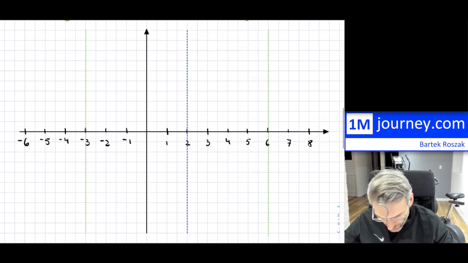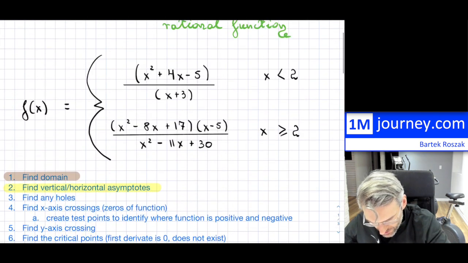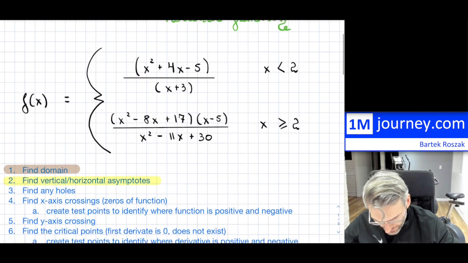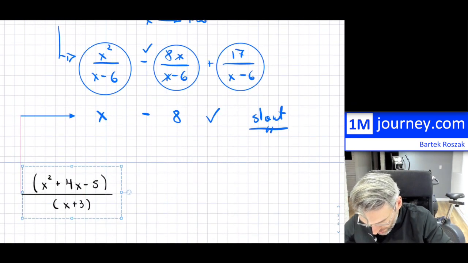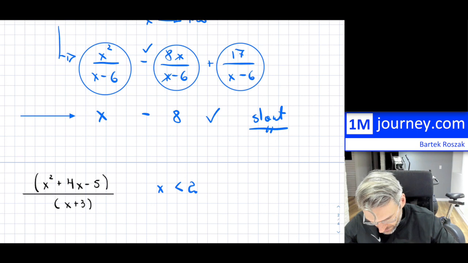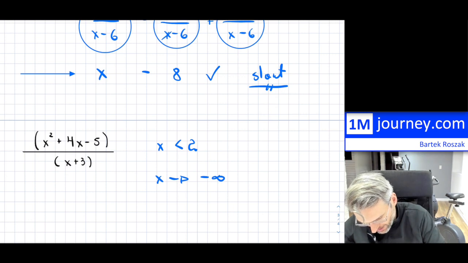Now, what about the other one? That is this right here. Let me copy this and bring it down. So what about this one? This is for x less than 2. And as x is approaching negative infinity, you play the same game.